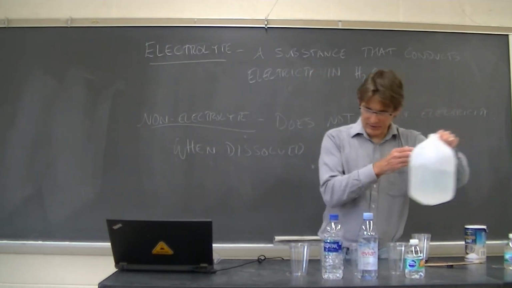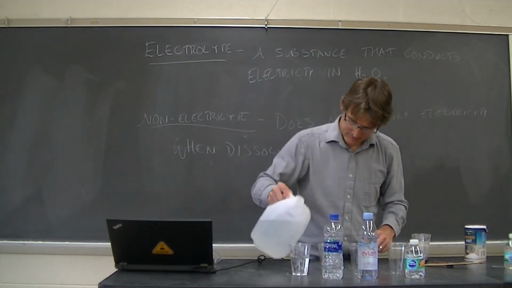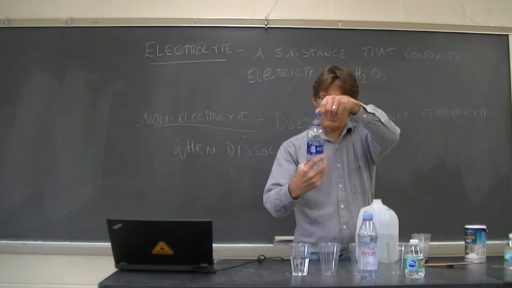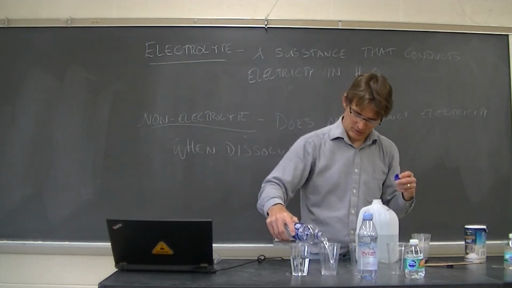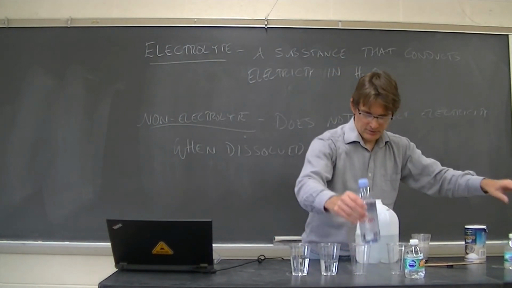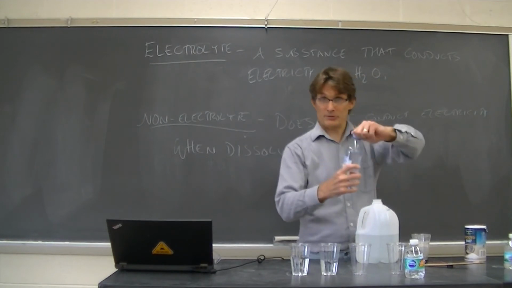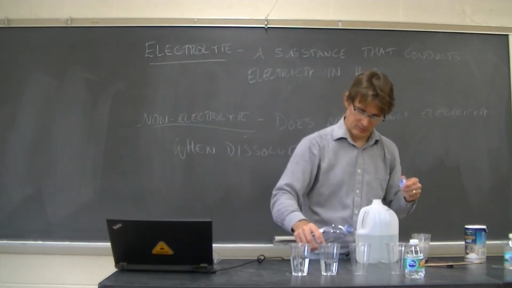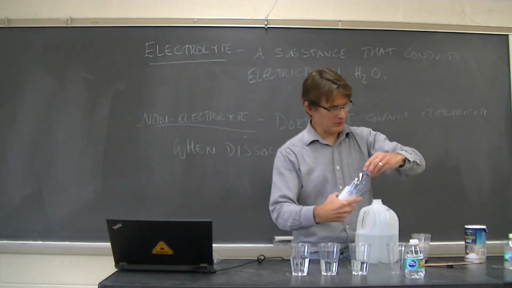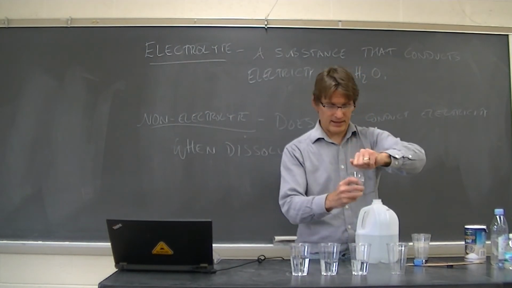I'll take my deionized water, pour it in here. I'll take my Aquafina. It says pure water, perfect taste, purified drinking water. I'll take my Evian water, which says it's got dissolved minerals in it, calcium and magnesium. So there's probably some dissolved minerals which are going to have some ions dissolved in the water. And then this is purified water that has had some ions added back.